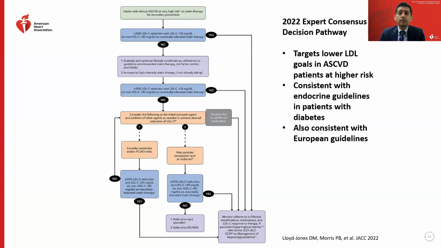And in general, just thinking about a primary prevention patient, if they have risk factors like diabetes, endocrine societies are now advocating for an LDL cholesterol threshold to be less than 70, even in those groups who have not had an event, but just have high risk, like a patient with diabetes. So, but for an ASCVD patient, a patient at very high risk, lots of comorbidities, a strong family history, older age, really trying to push them to less than 55 if possible.